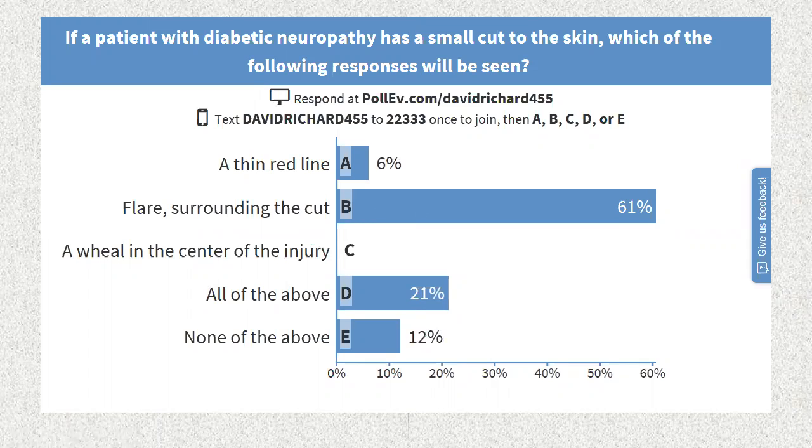In some patients, it's not seen in all patients with diabetes for sure, and it can be not cut and dried even in patients with diabetic neuropathy, but in at least some of these patients, they will lose all of those responses to a small skin injury.